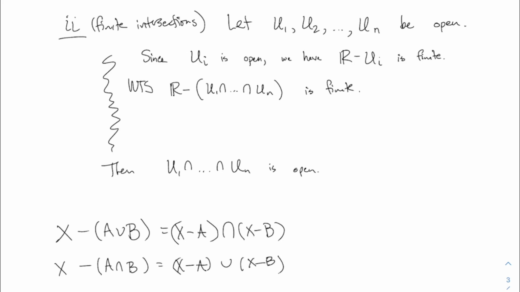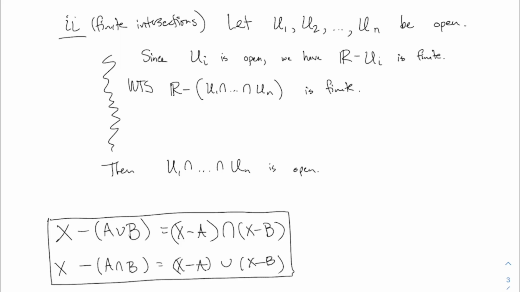So these are facts about complements and related to intersections and unions. These are just true facts. These are really De Morgan's rules for set theory. But anyway, we can do that up here. So when I have R minus a finite intersection, I can rewrite this as R minus U1 intersect, etc., UN.